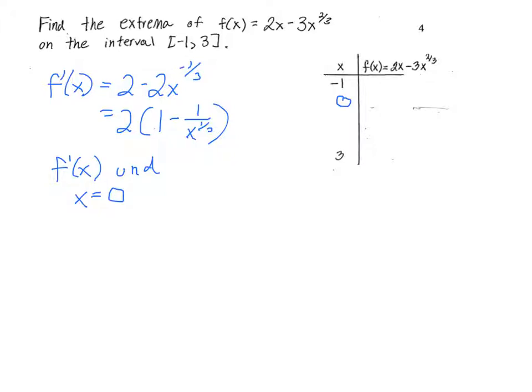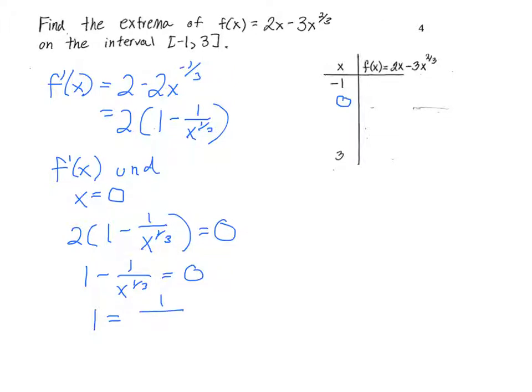I also want to determine where this function will equal 0. So I'm going to take 2 times 1 minus 1 over x to the 1/3, set it equal to 0. So 1 minus 1 over x to the 1/3 equals 0, so 1 equals 1 over x to the 1/3.